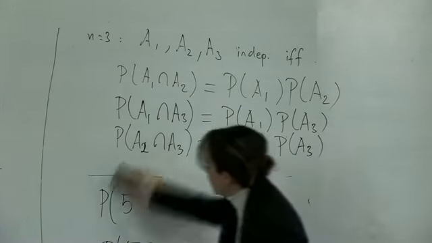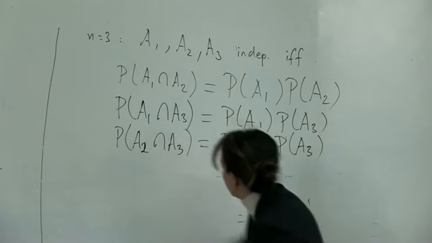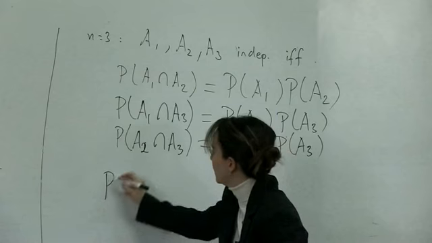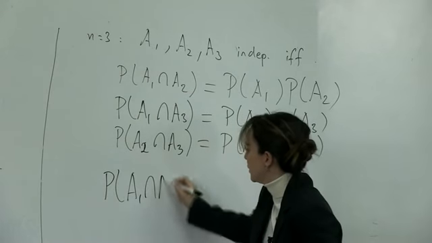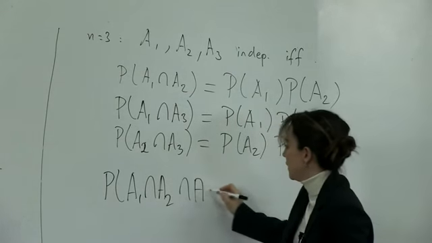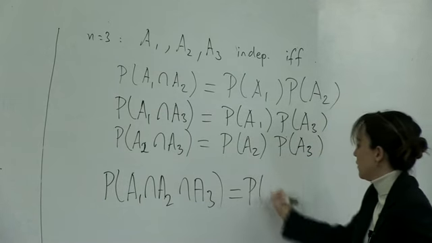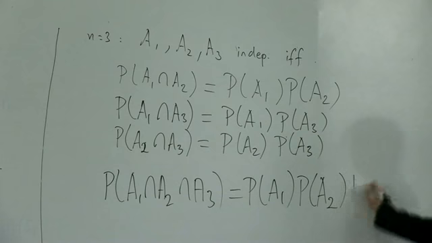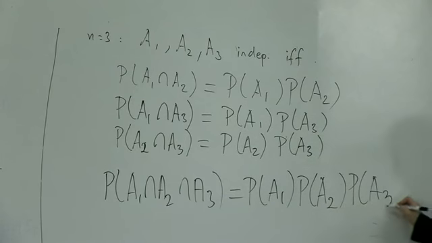P of A1 intersection A2 intersection A3 is P of A1 times P of A2 times P of A3. So these are the 4 conditions that need to be satisfied for the 3 sets A1, A2, A3 to be independent.